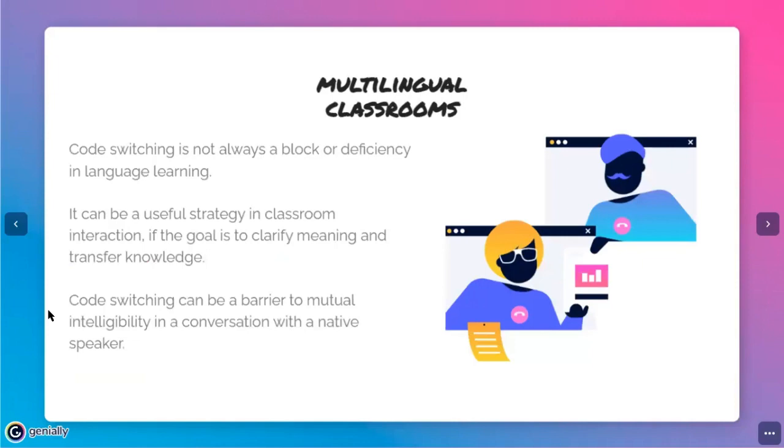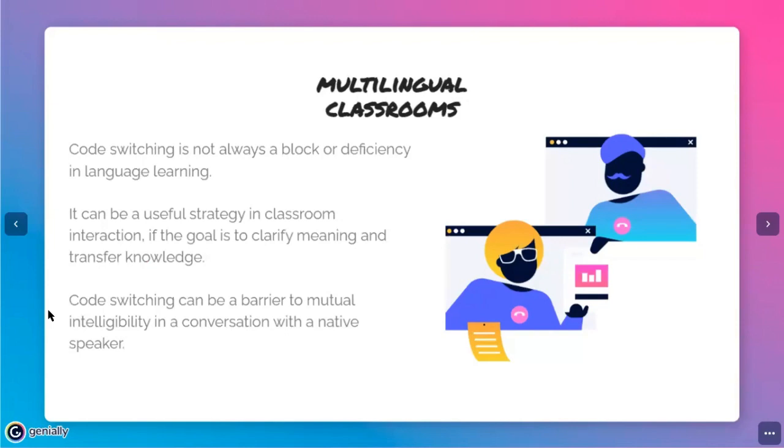Sometimes we can think that using your native language is bad because you can't understand or can't use the other language, but it is not exactly like that, because you need to use your vocabulary from your native language to communicate. So your brain is trying to search for the information that you need to communicate, so you can change the language.